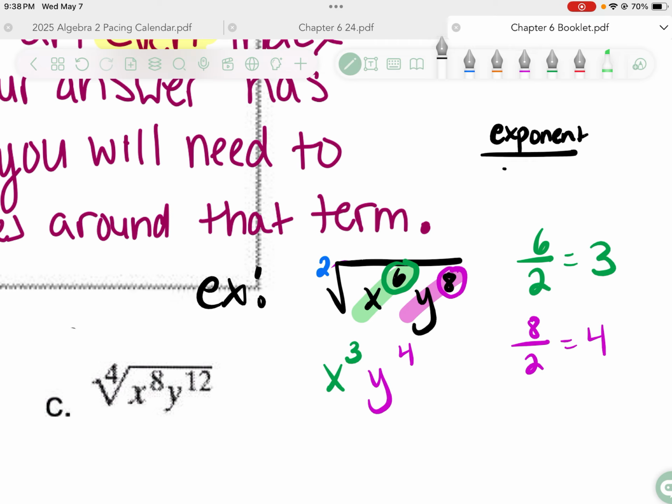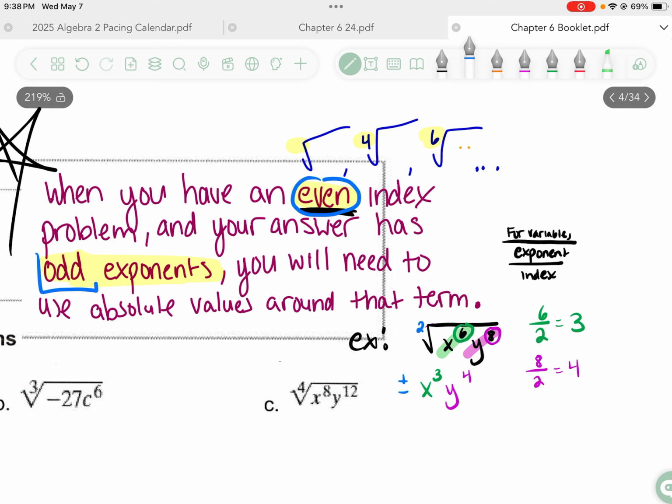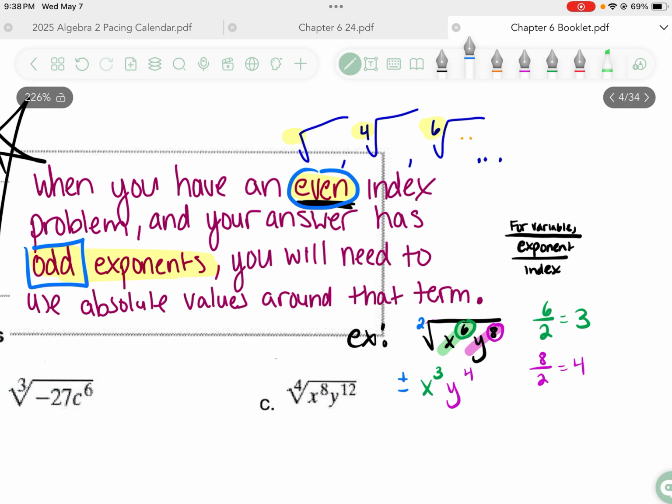So exponent divided by the index. Okay, now it's an even index, so we need our plus minus. Now, because it's an even index, my answer has odd exponents.